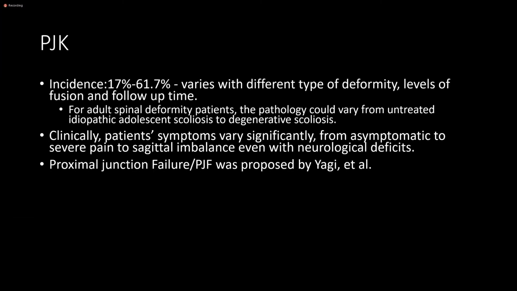Based on literature, the incidence of PJK is about 17% to 61%. It varies from different type of deformity, levels of fusion, and the follow-up time. Like we can tell, if the patient had non-treated idiopathic scoliosis and then got treated when they are over 18, they still belong to adult spinal deformity, but normally they have surgery early on in their life.